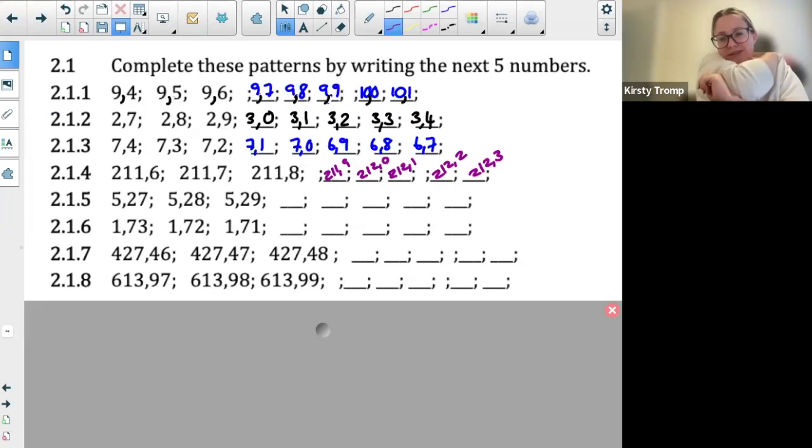Keep going, guys. Okay, I'm going to run through these for you very quickly so we can get to the next section. Let's have a look at what the answers were. Oh, I do see someone else has raised their hand, though.